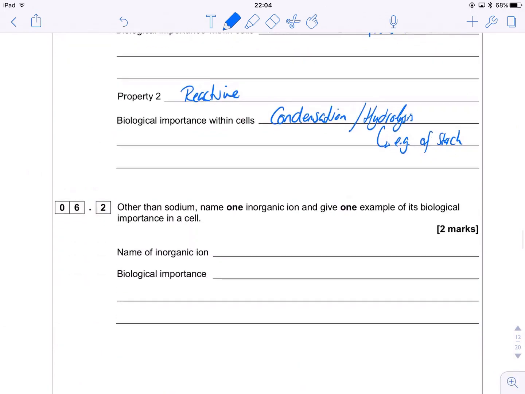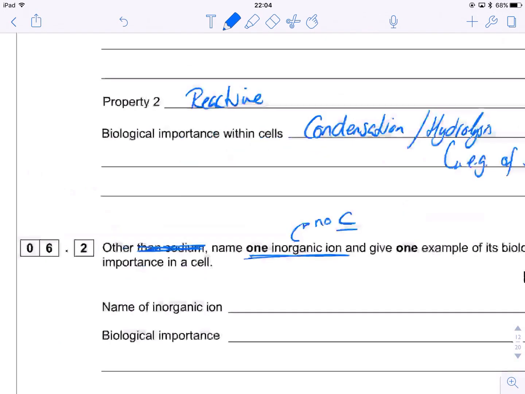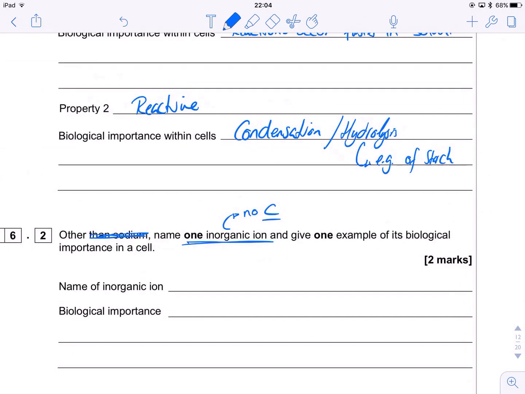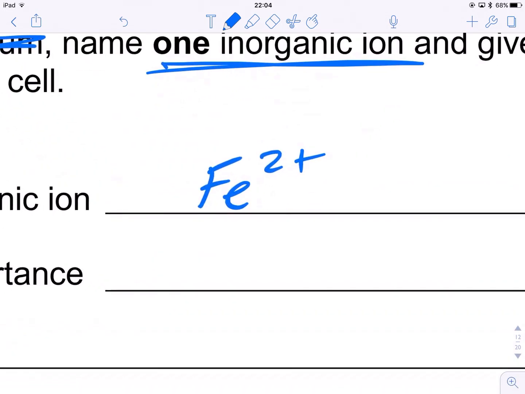And then another one. Other than sodium, so we don't want sodium, name one inorganic ion. Inorganic are the ones with no carbon, and give one example of its biological importance. Easiest one to go for, I reckon, is iron, Fe2+. And biological importance, it forms the heme group of hemoglobin.